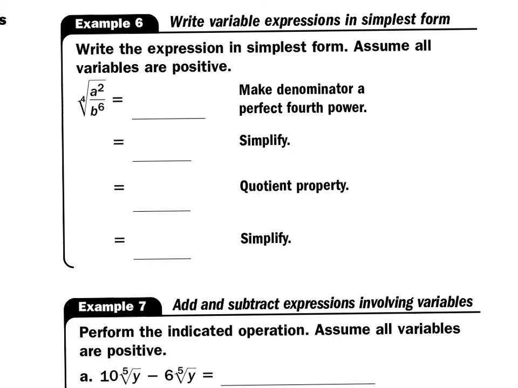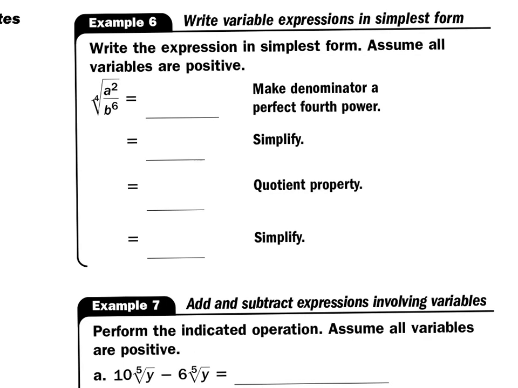So if I pull this apart a little bit farther and put b squared here, then I'd have the fourth root of a squared b squared on top, and then on bottom the fourth root of b to the 12th, and that would be just plain b to the third on bottom.